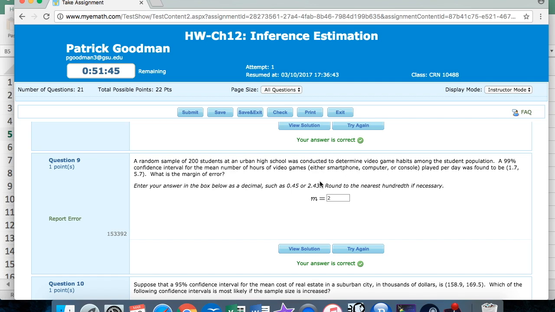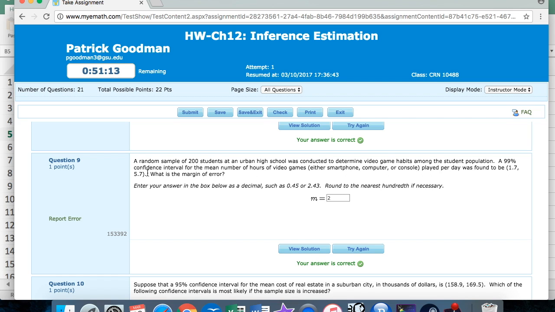Okay, well this one, you just kind of have to think about it. You can go back and do the formula and whatnot, but think about this. If I have 1.7 and 5.7, and I want to know what the margin of error is, whatever the sample mean is, I'm adding my margin of error, the same number, to it to get 5.7, and subtracting it to get to 1.7 as well.